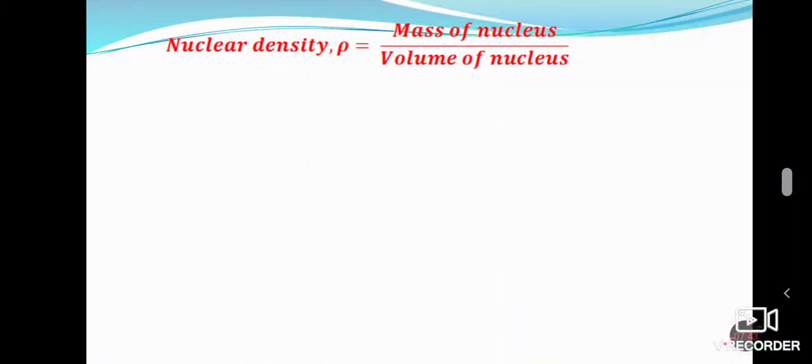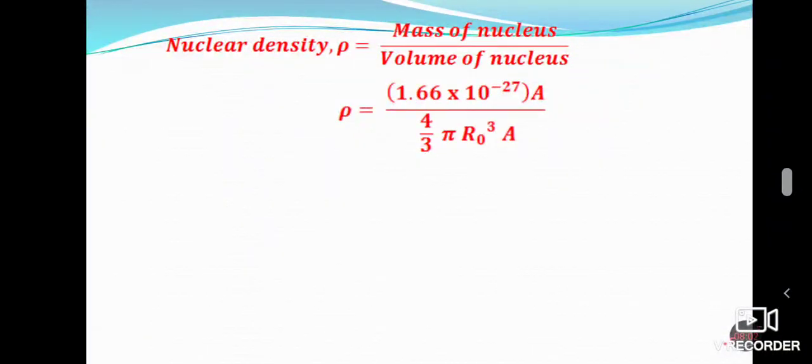Then we can find the nuclear density. The nuclear density rho is equal to the mass of the nucleus divided by the volume of the nucleus.